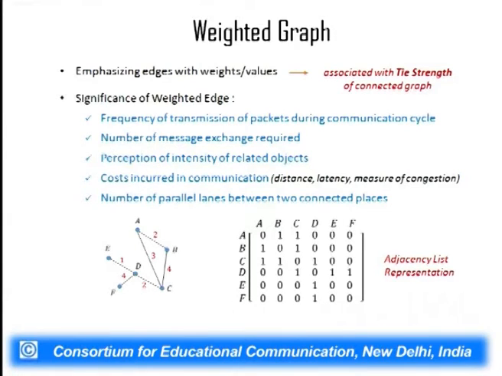The second could be the number of messages exchanged. Maybe some communication or routing protocol is triggered, and that particular process may take some number of messages to be exchanged, some control messages, etc. So if some particular link is followed, how many messages or packets have to be transferred.